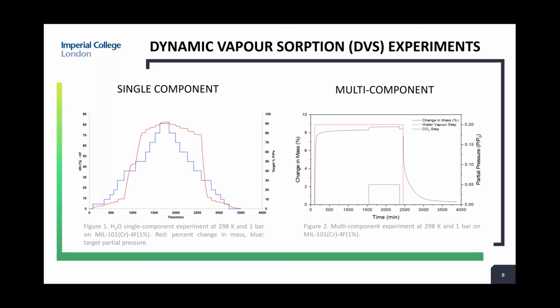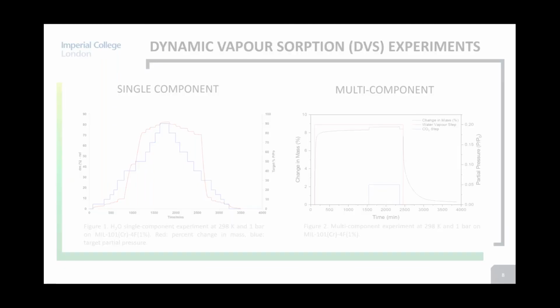So we chose 0.05, 0.1, 0.15, and 0.2. While this pressure was held constant, we introduced a step in the CO2 concentration of 5%, so 0.05 bar. This was followed by desorption of CO2 and finally by the desorption of water vapor.